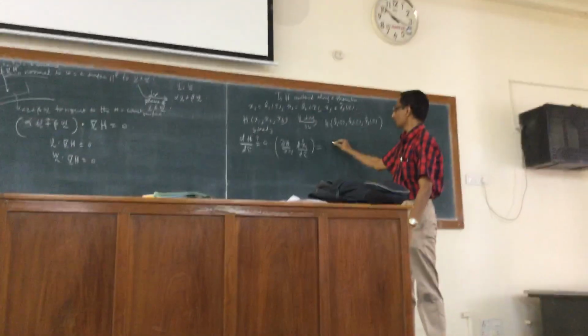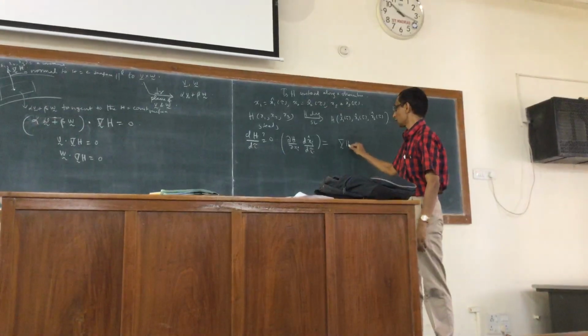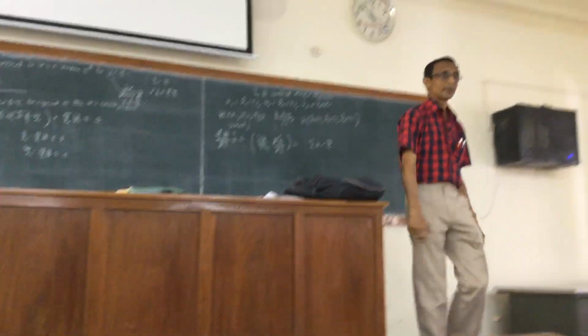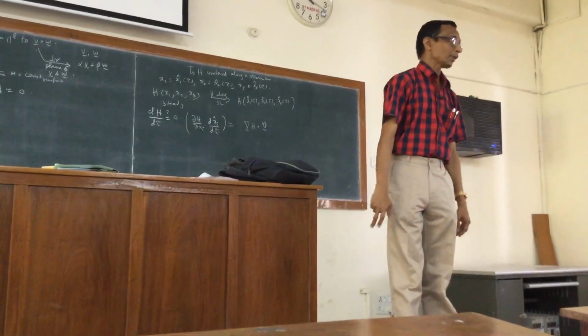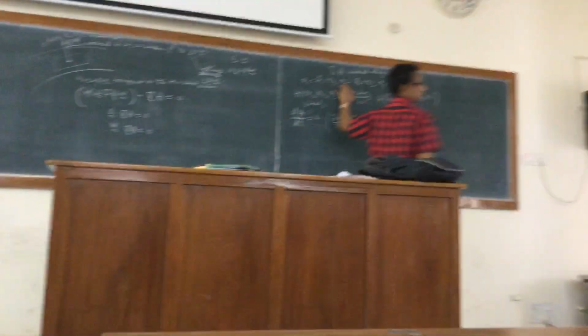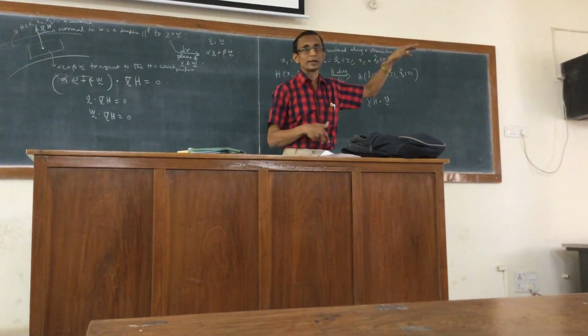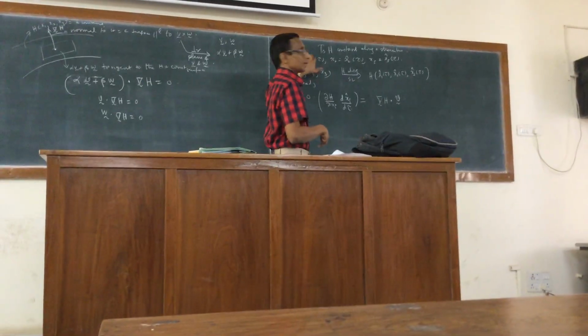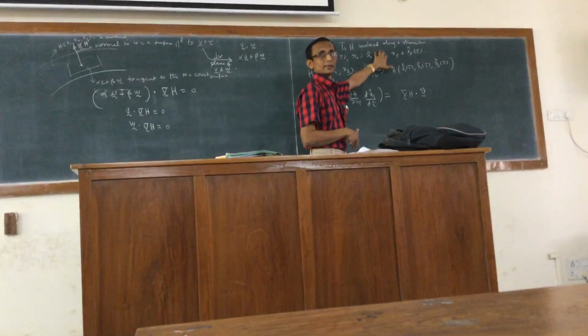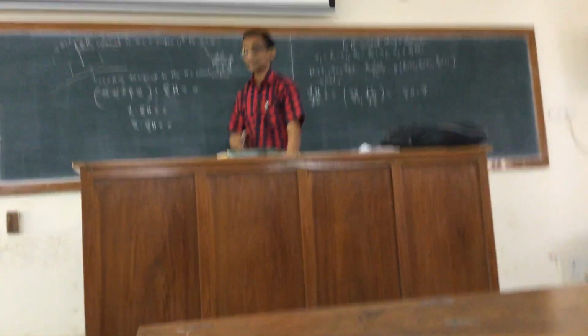It's clearly equal to the gradient of H dotted with V, because V for a streamline is dxi by d tau, given by this parameter representation. The definition of the streamline is that V1 is dx1 by d tau, V2 is dx2 by d tau, and V3 is dx3 by d tau.